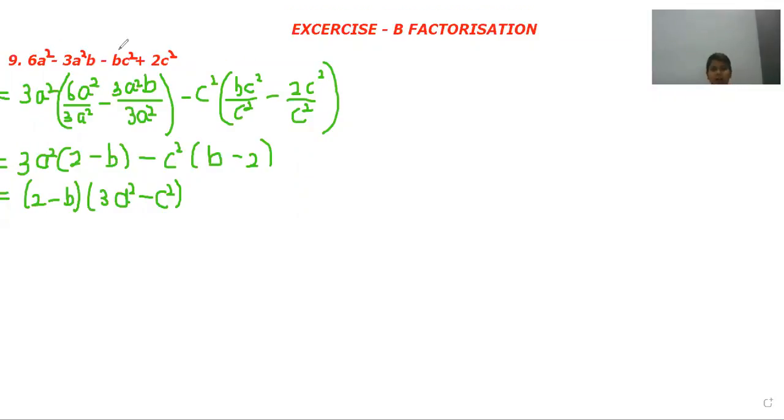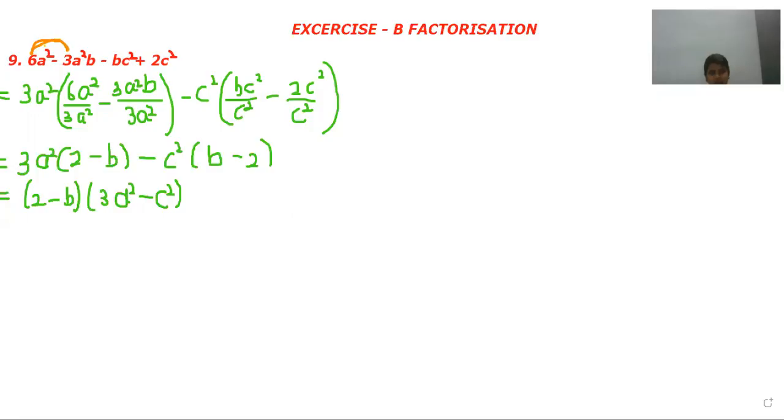Guys, here is our ninth answer. So here 3 and a square is common. That's because, as I've told you, 3 can divide these two, right?